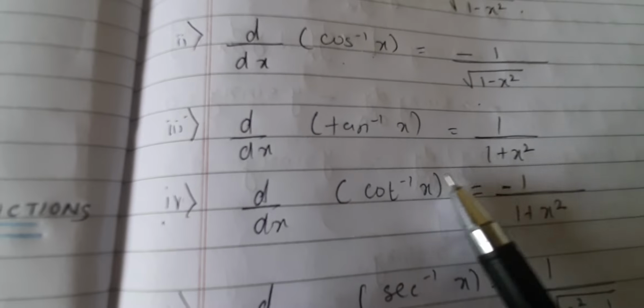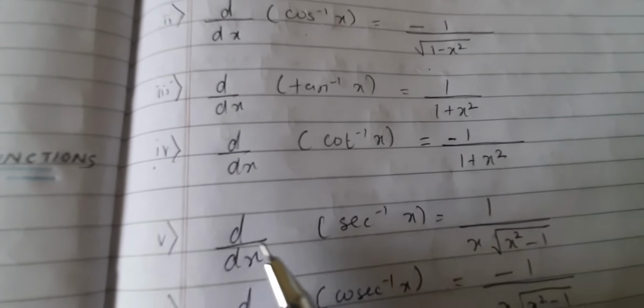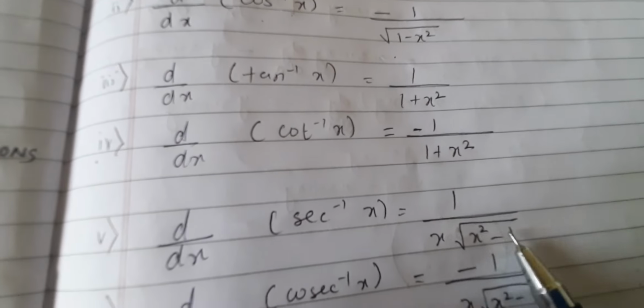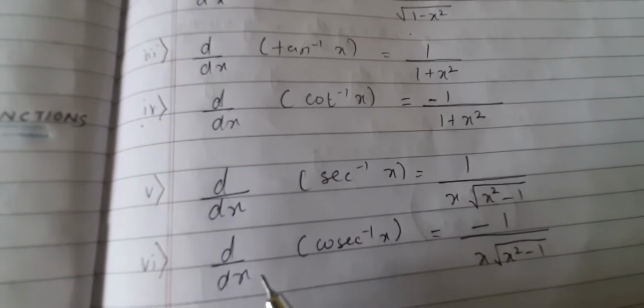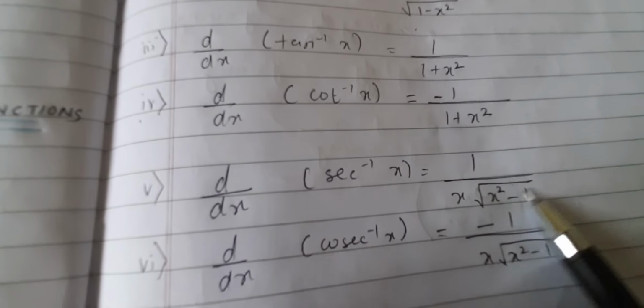Derivative of cot inverse x is the same thing but with a negative sign. Then derivative of sec inverse x with respect to x is equal to 1 upon x root x square minus 1, and derivative of cosec inverse x with respect to x is the same thing but with a negative sign. So these are the derivatives of inverse trigonometric functions.